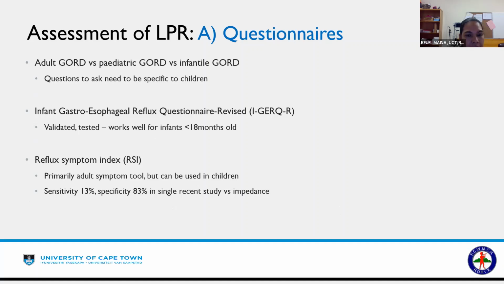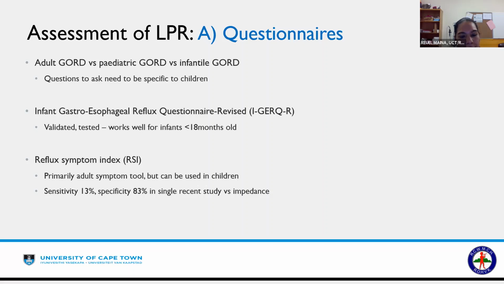So looking at how to assess for LPR, there are a lot of questionnaires out there for adults, but there are very minimal studies or questionnaires out there specifically related to children.